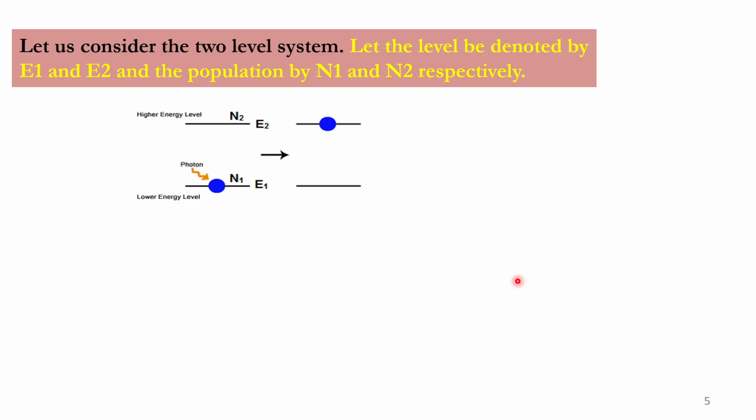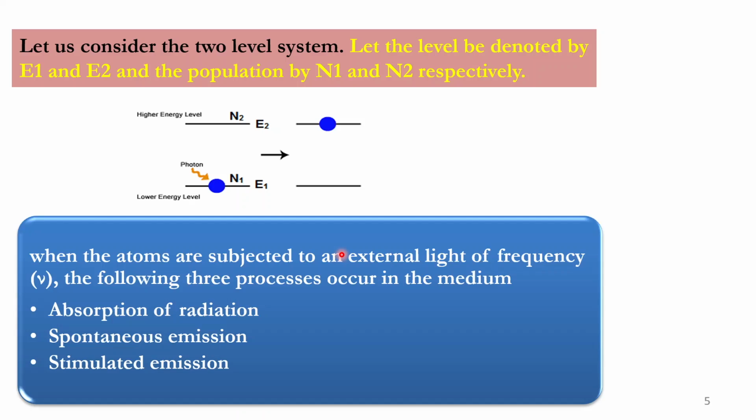These levels are denoted by the energy E1 for the ground state energy of the lower level and the energy E2 for the higher level, and the population of these two energy levels, say as N1 and N2 respectively.